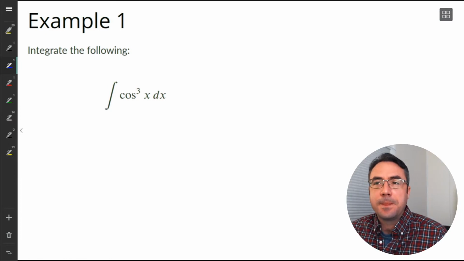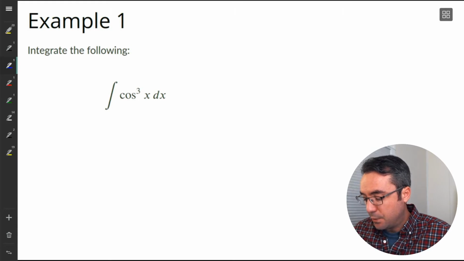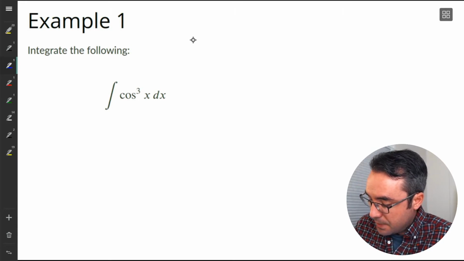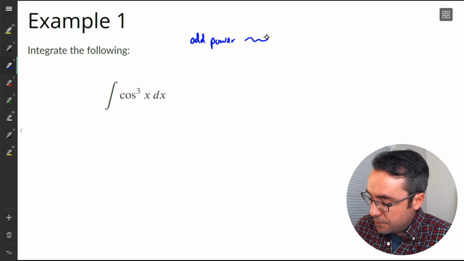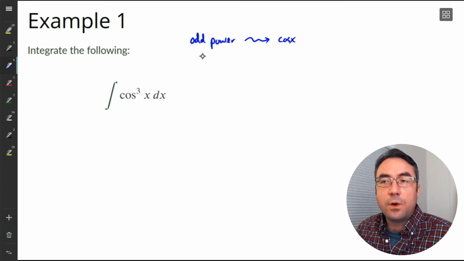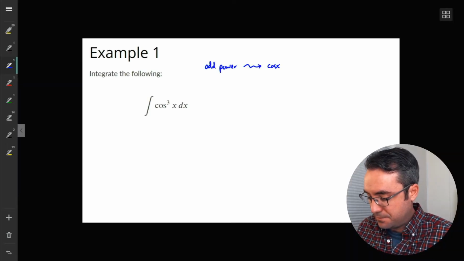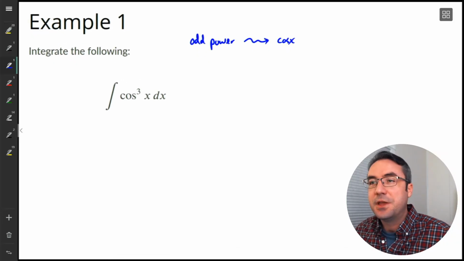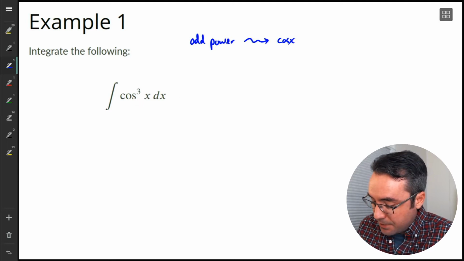So let's look at example 1. We have the integral of cosine of x cubed. When we look at this, the odd power term here is cosine. So what we want to do in step 1 is factor off one of those cosine pieces and split it up.